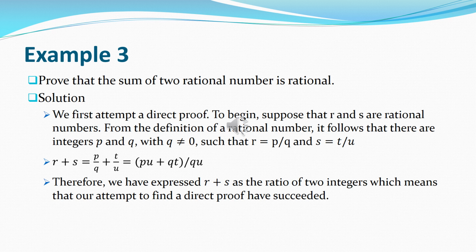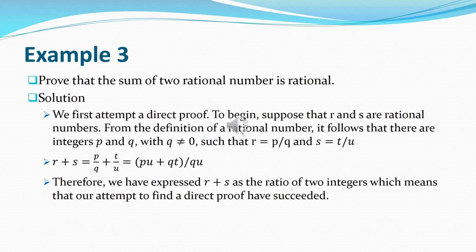So from the definition of a rational number, it follows that a rational number is a number that we can express as p divided by q, for instance. So we say r is equal to p divided by q, and s is equal to t divided by u.